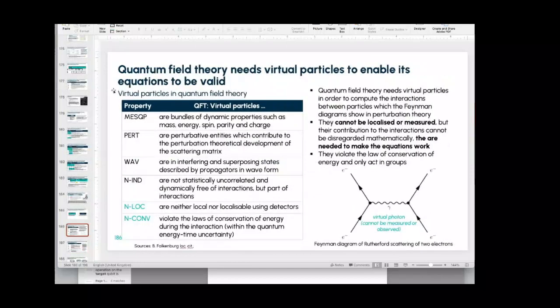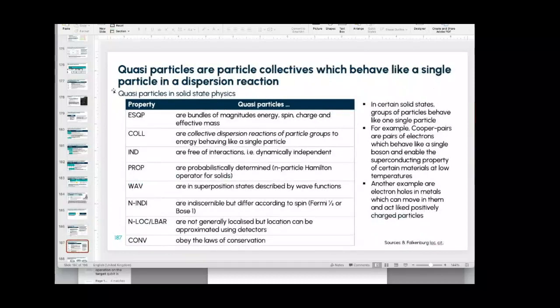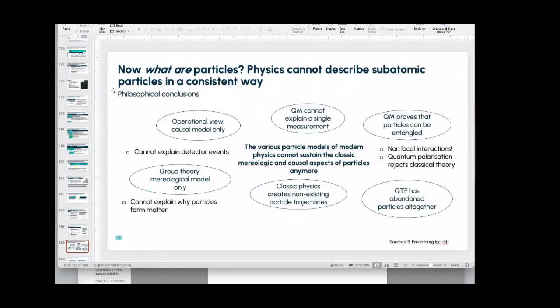Quantum field theory has virtual particles to make its equations valid, and then quasi-particles and so on. Basically, because of this inability to use macroscopic measurements to really measure the quantum world, because there's always a classical physics apparatus between us and the quantum world, we get into a lot of trouble in physics. I can't explain all of this now because it's another course.